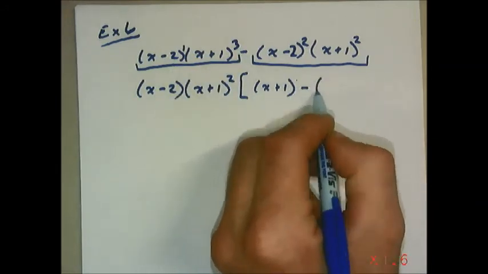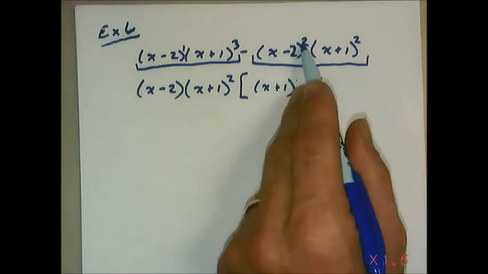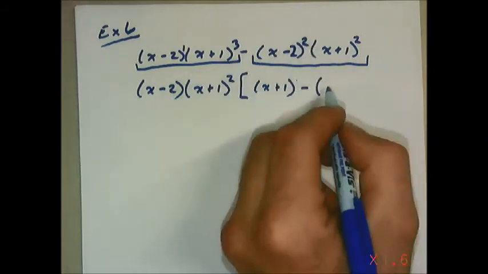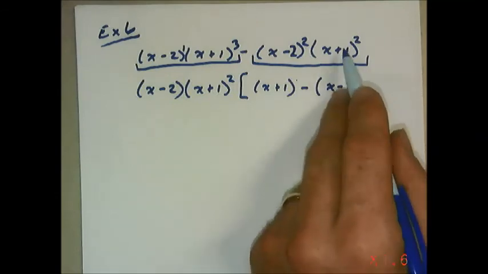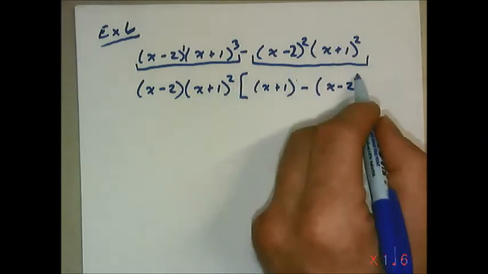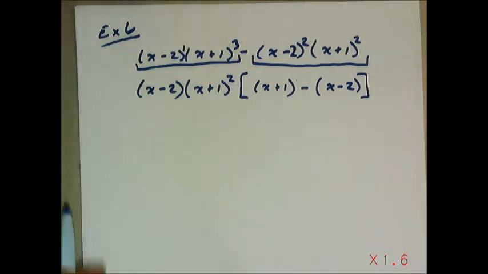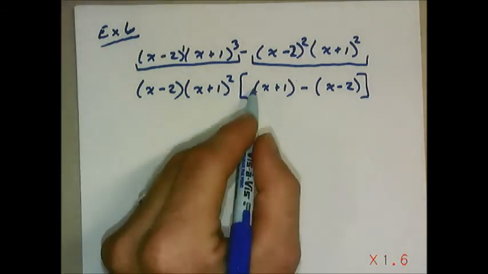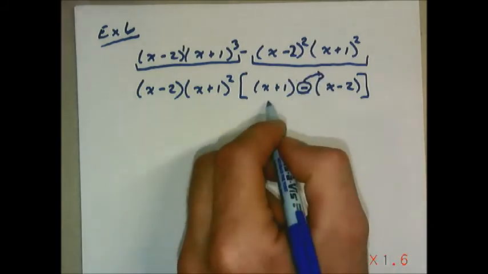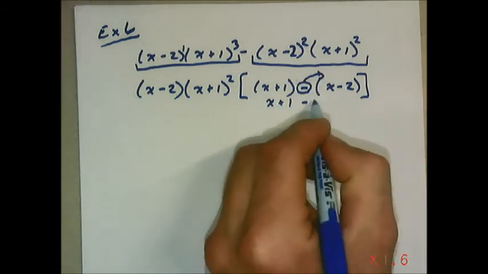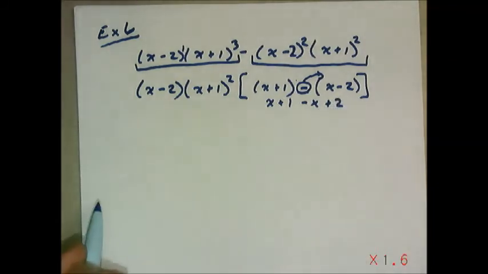And here minus, we're going to take x minus 2 squared and factor out an x minus 2. So we're left with an x minus 2 to the first. And my x plus 1s are going to be in common, so I don't have any of those left either. Cleaning up inside my brackets, remember to multiply my negative through. So I have x plus 1 minus x plus 2.